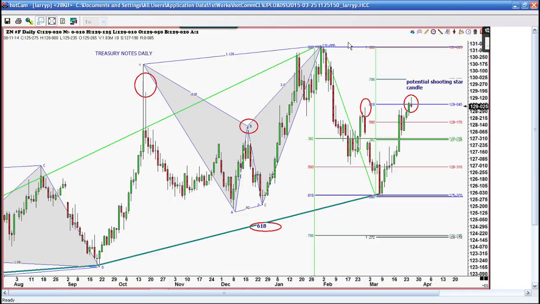And usually there's a flight to quality there, and that is in fact not happening today, which is another indication that possibly notes and bonds are getting ready to turn around and go lower. We'll have to wait and see. But this note chart is just a real classical chart of the things that we look at with pattern recognition. It's just as clear as you can possibly see.